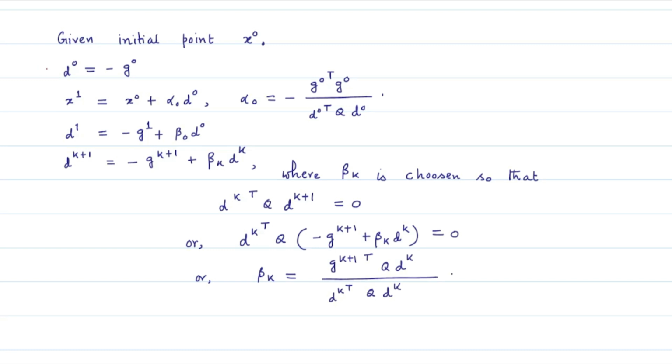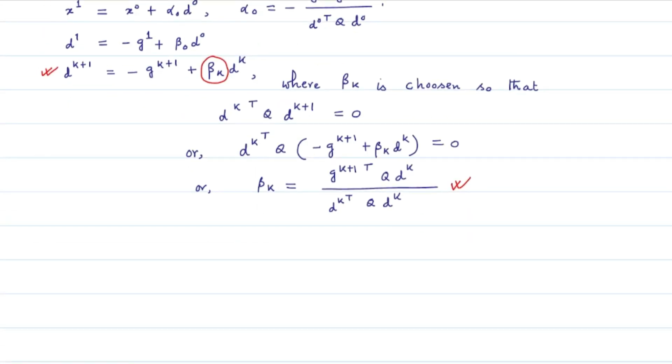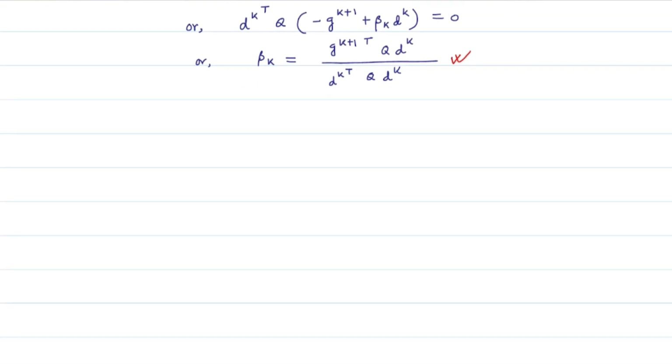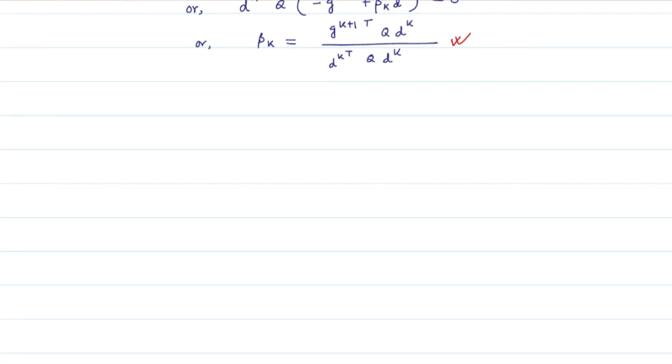So in the process, you start with this direction d0, then find iteratively the directions d1, d2, d3 and so on, where these coefficients beta k's are given by this expression that I have written over here. And by following this process, we can fascinatingly prove that these directions generated by this formula of beta k are actually Q conjugate directions.